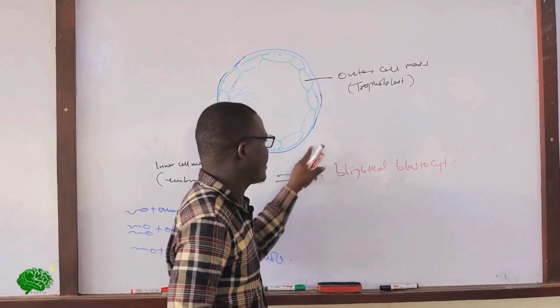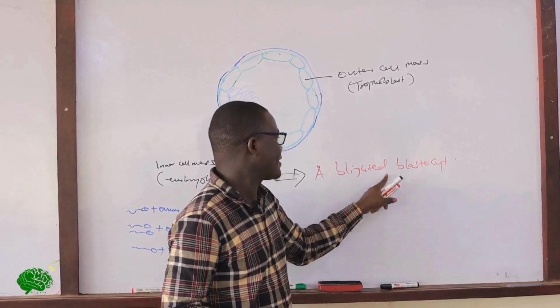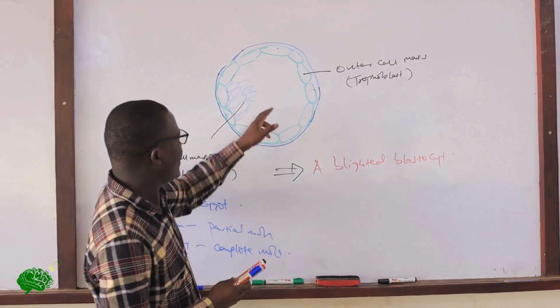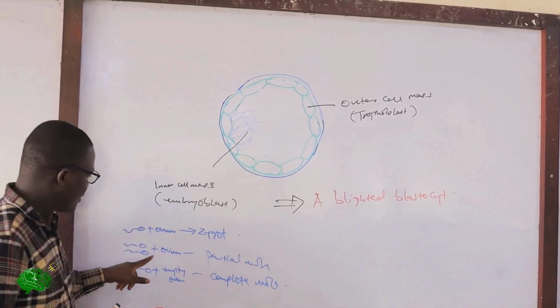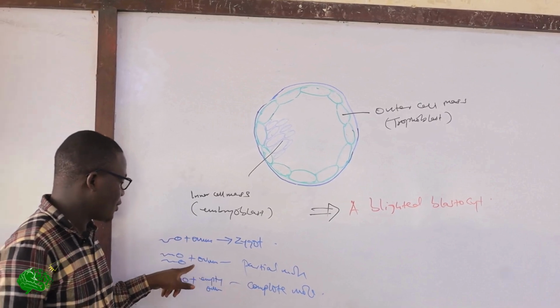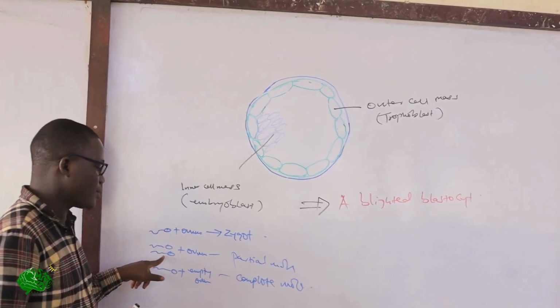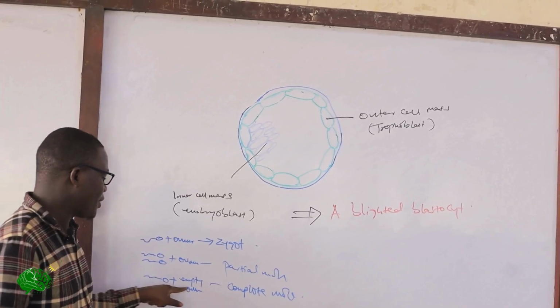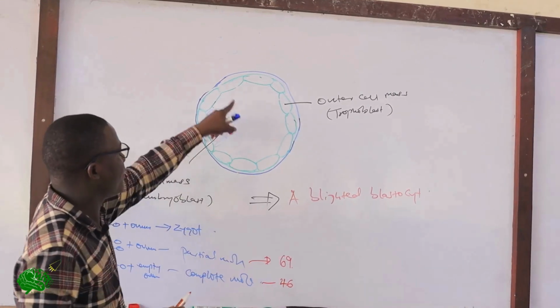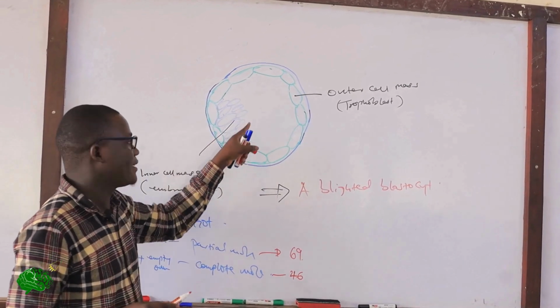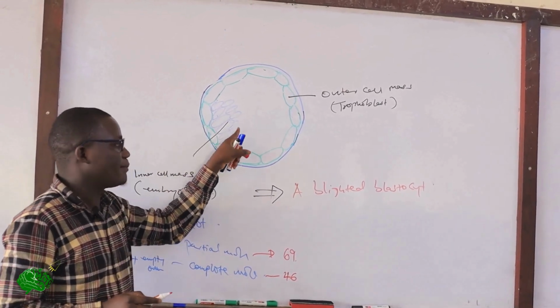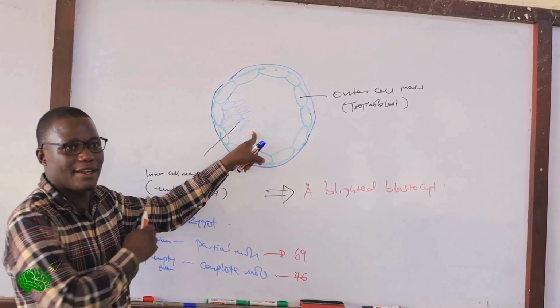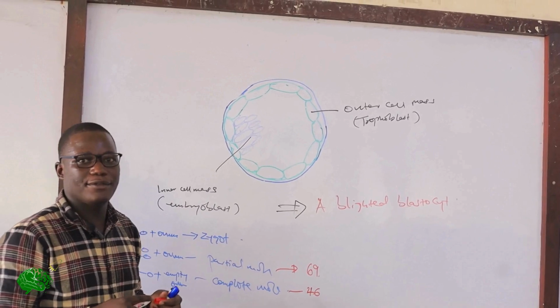This is a blighted cyst. Now, when we have a blighted cyst, which results either due to fertilization of an ovum with two sperms or an empty ovum with one sperm, then we form a blighted blastocyst. That is after undergoing a series of cleavage.